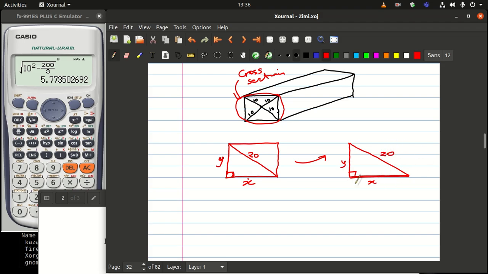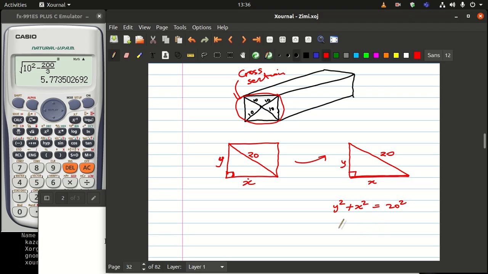And from this triangle, using Pythagoras theorem, y squared plus x squared is equal to 20 squared, because this side here is the hypotenuse. In other words, it is the side opposite to the 90 degrees.